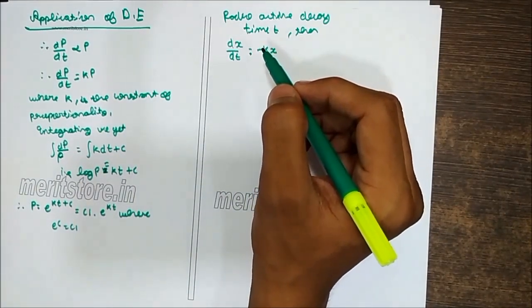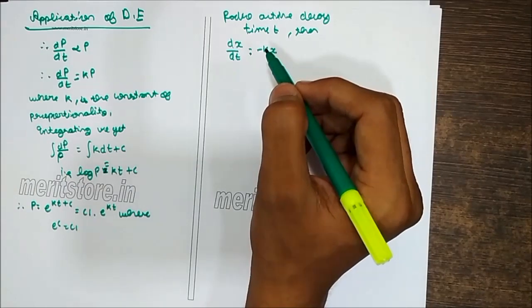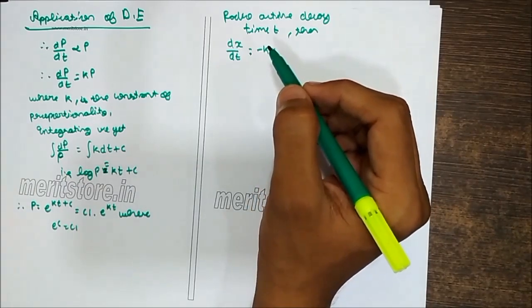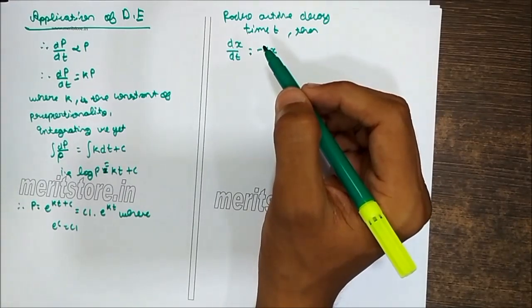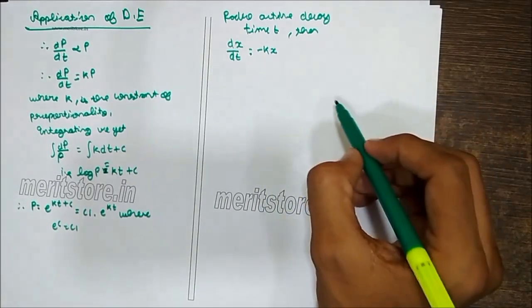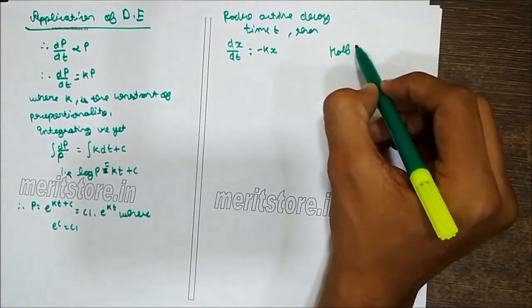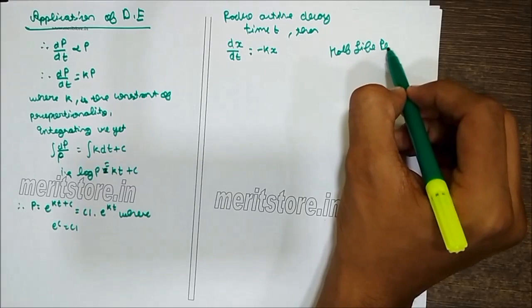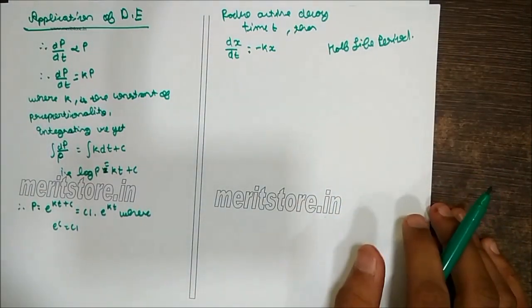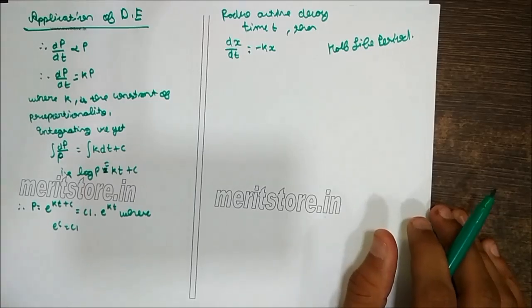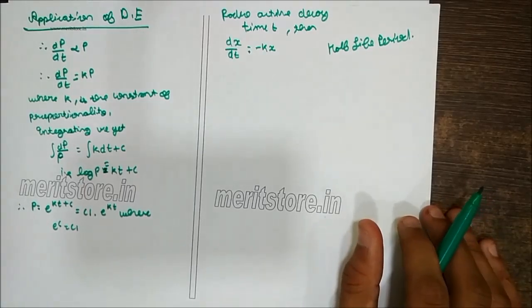The negative sign appears because x decreases as time increases. This expression gives the amount of radioactive substance at any time. Half-life period of a radioactive substance is defined as the time it takes for half of the substance to disintegrate. Please keep in mind the half-life period. I'll read it again: half-life period of a radioactive substance is defined as the time it takes for half of the substance to disintegrate.